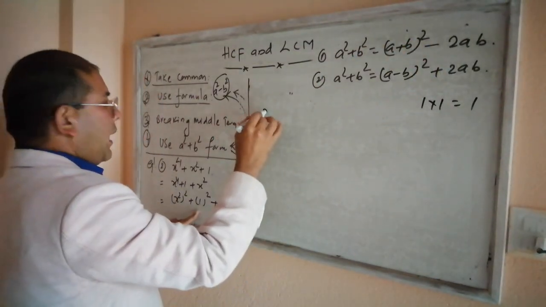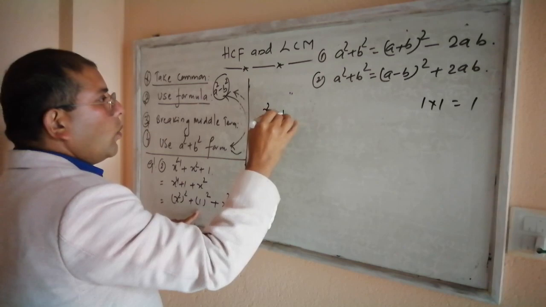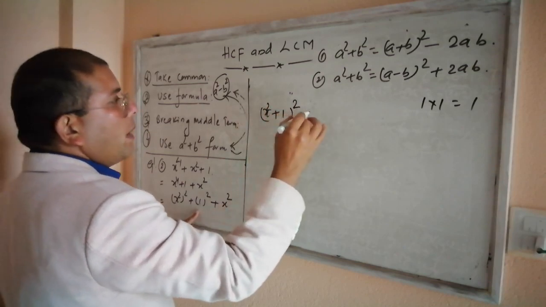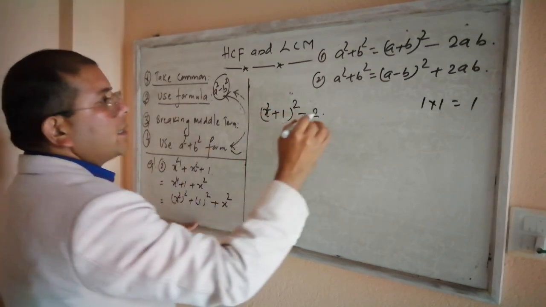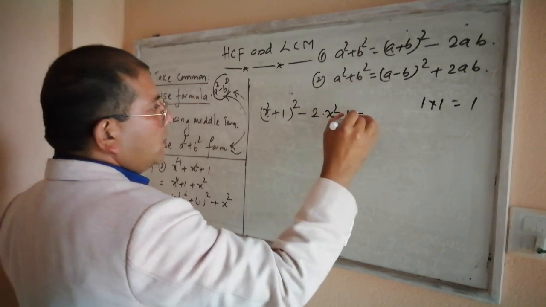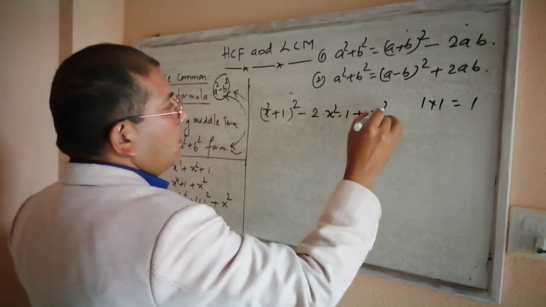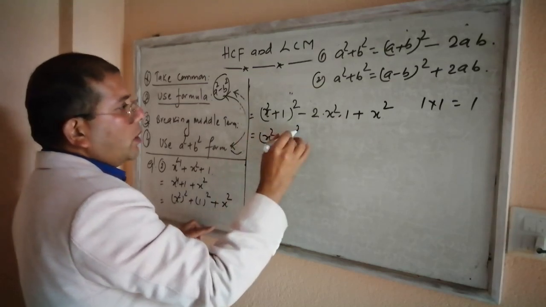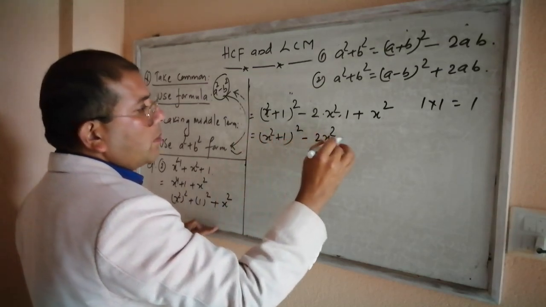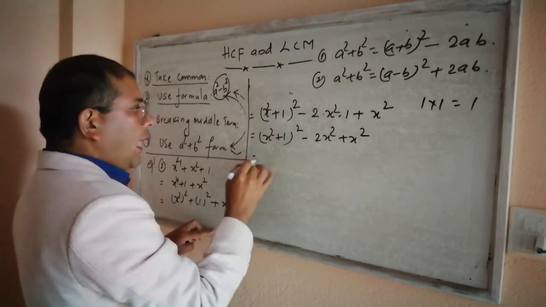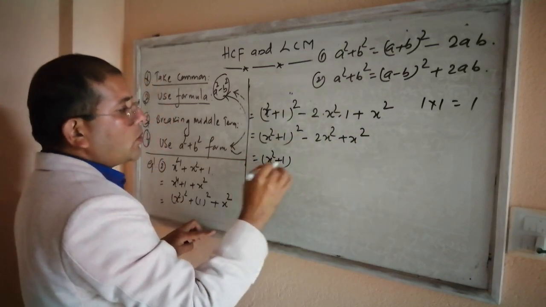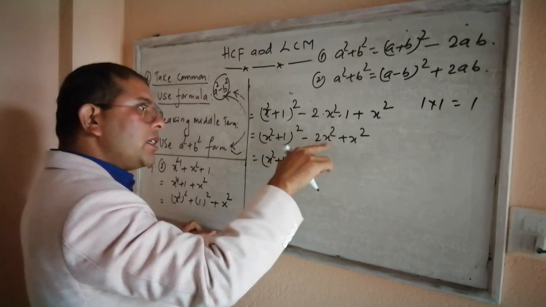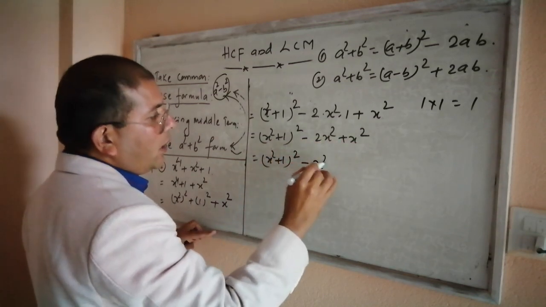Now it is x square plus 1 whole square minus 2. A is x square, b is 1, plus x square. So it is x square plus 1 whole square minus 2x square plus x square, which is x square plus 1 whole square minus x square.